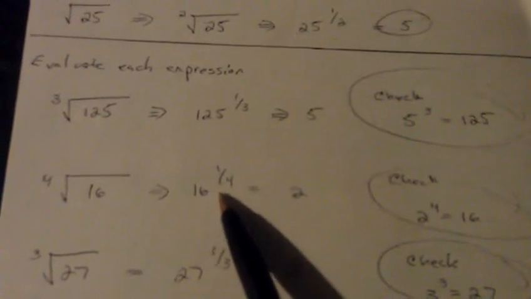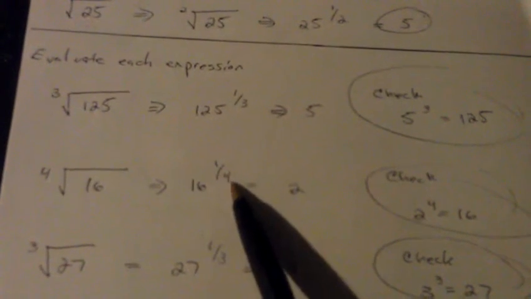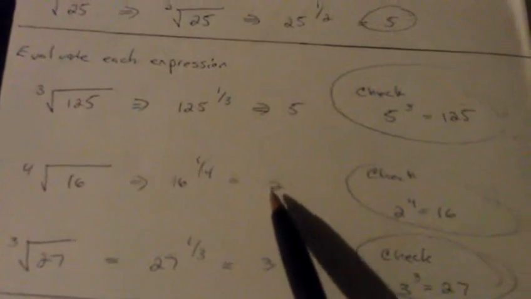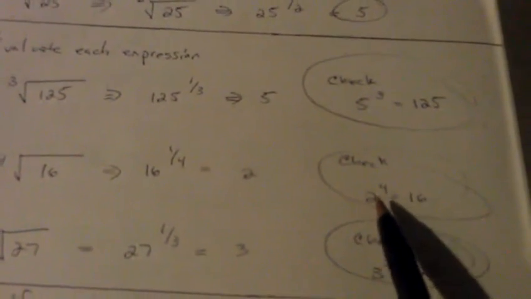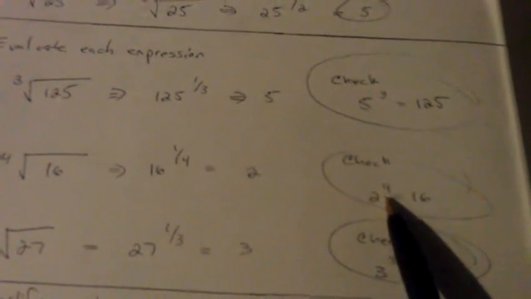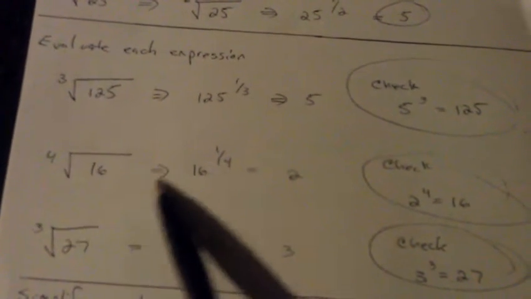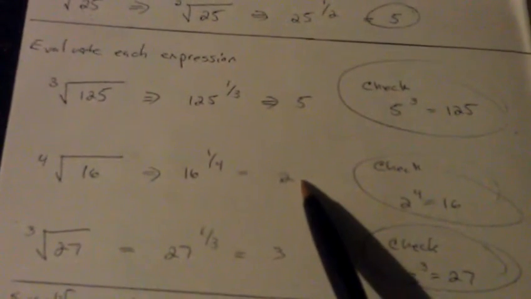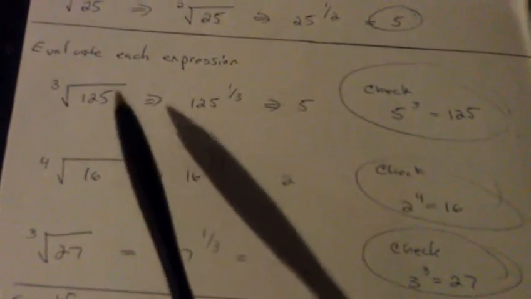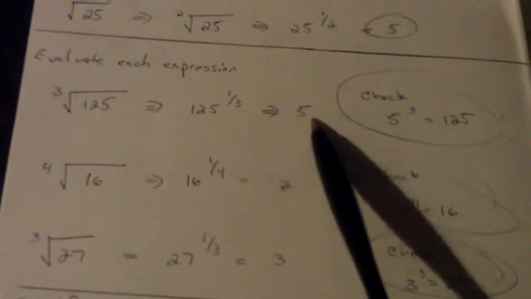So the 4th root of 16, or 16 to the 1/4 power, is 2. How do we know? Because 2 times 2 times 2 times 2 is 16. So again, if we're trying to evaluate our expression, there's our final answer.